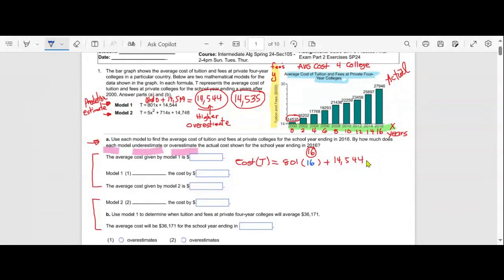Can you do this on the calculator and tell me how much it will be? Everybody do this and tell me. Use the calculator.